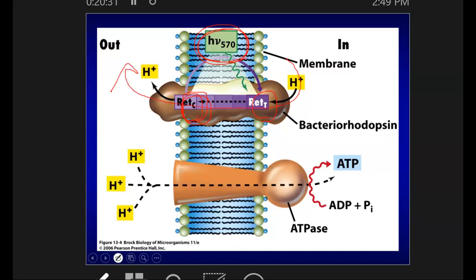And so you keep hitting that bacteriorhodopsin with light, and you get that shift, and you get a proton pump. Over and over and over, until you get a lot of protons being pumped out, and you get that gradient. And then the protons diffuse back through the ATP synthase. So really quite a simple little mechanism in order to create a proton gradient, which is quite unusual.